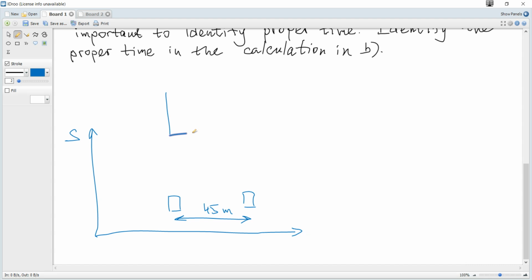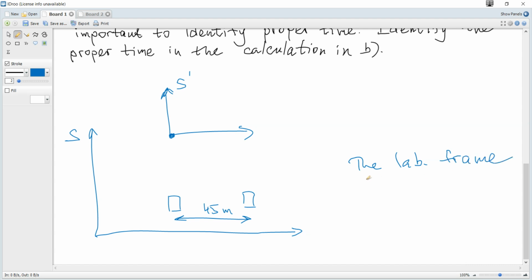And there is a moving reference frame S prime in which there is some particle at the origin.